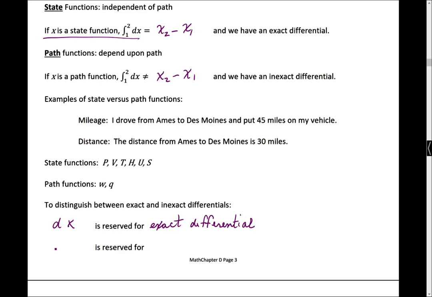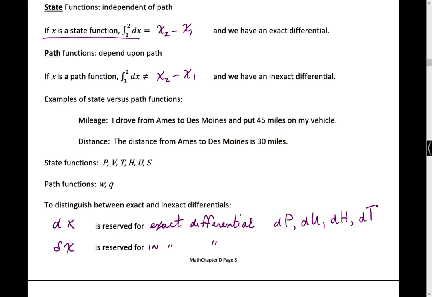And if I have delta x, then it's an inexact differential. So we're going to show that these are all state functions, and so we will see dP, dU, dH, dT.